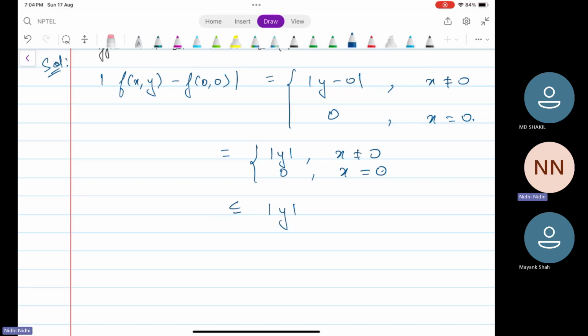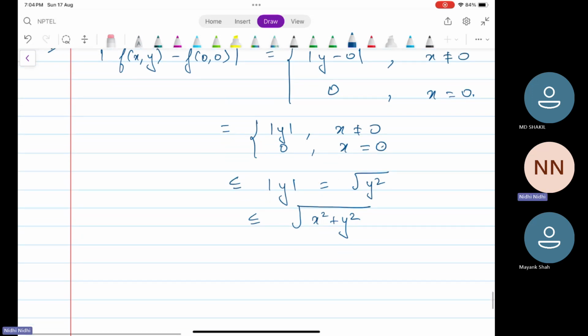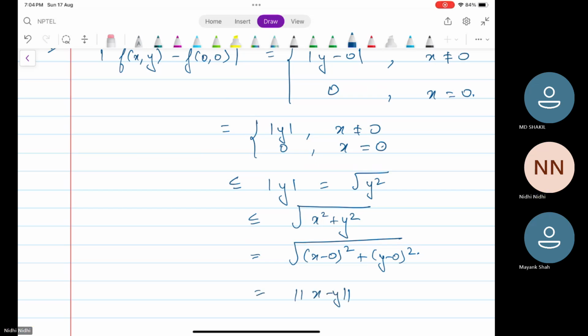Now this mod y can be written as the square root of y square, which is obviously less than or equal to the square root of x square plus y square, because x square is positive. And this can be written as the square root of (x minus 0) square plus (y minus 0) square. So this is basically the Euclidean norm of (x,y).